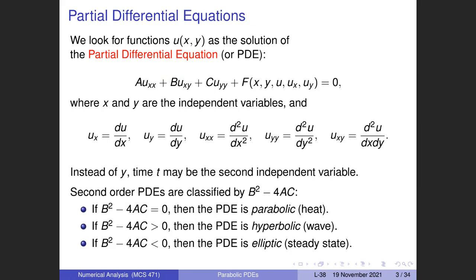So a partial differential equation is an equation that involves many partial derivatives. So unlike with differential equations, we no longer use the prime notation because we have two independent variables. Here, in general, the independent variables are x and y. So the dependent variable is a function of x and y.